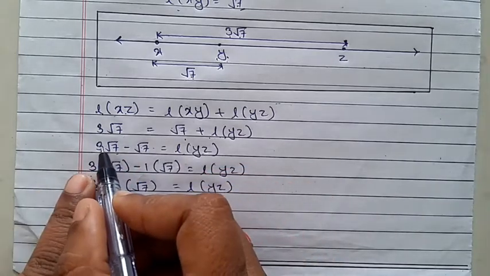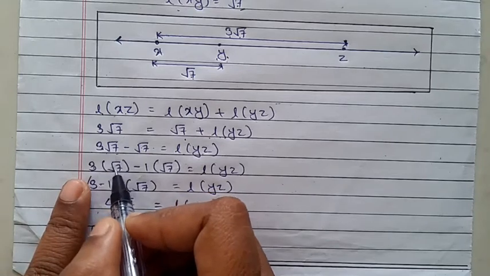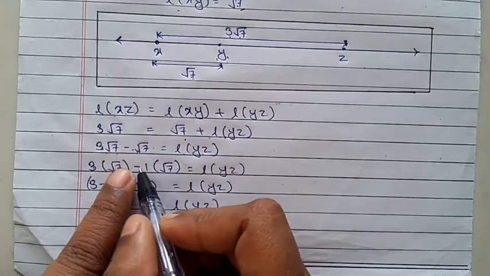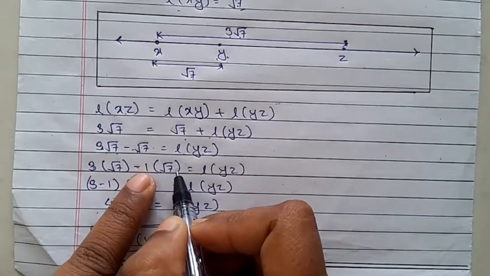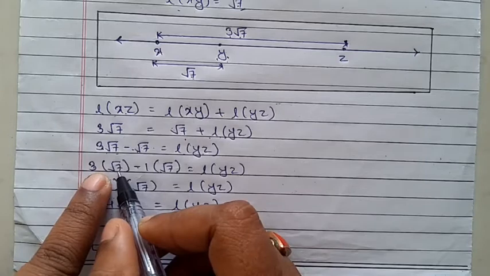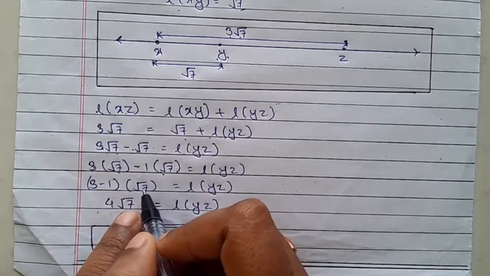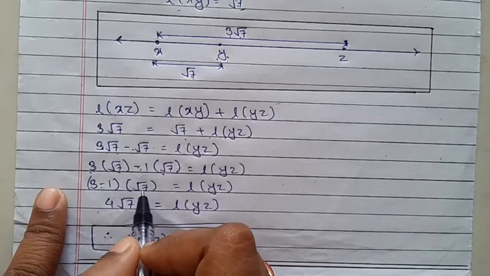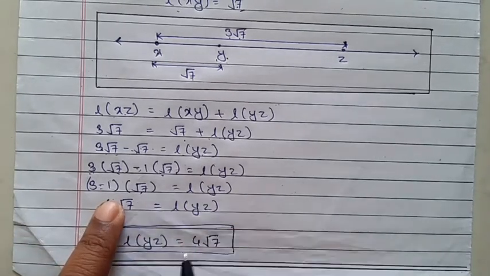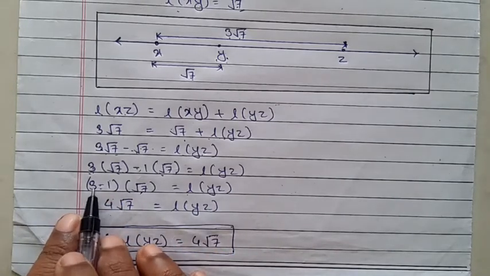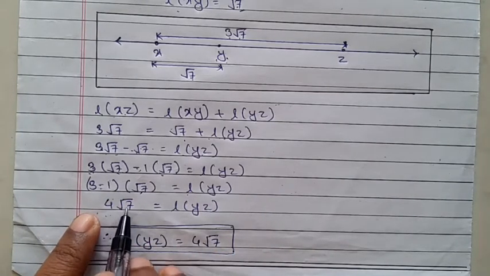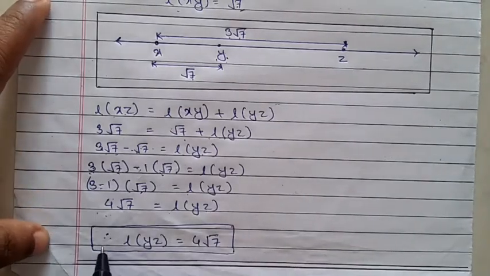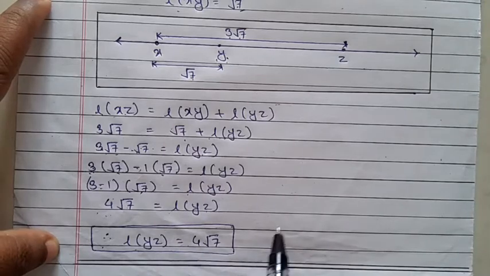Take √7 as common and write the constant terms in the bracket: 3 minus 1, because the coefficient of the second √7 is 1. Then 3 minus 1 is 4, so 4√7 is equal to length of YZ. Therefore, your answer is length of YZ is equal to 4√7.